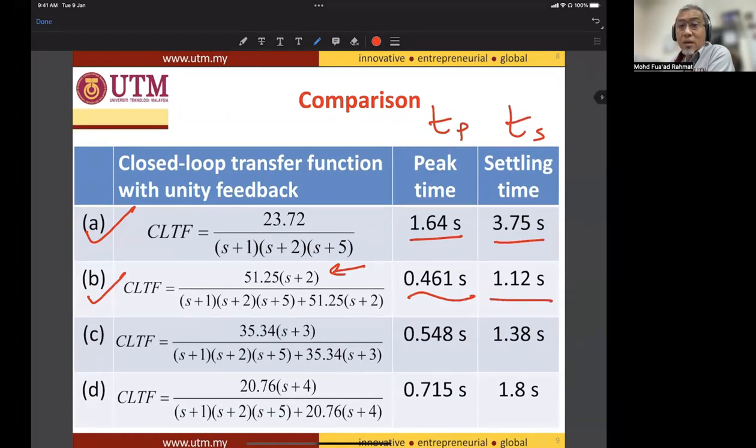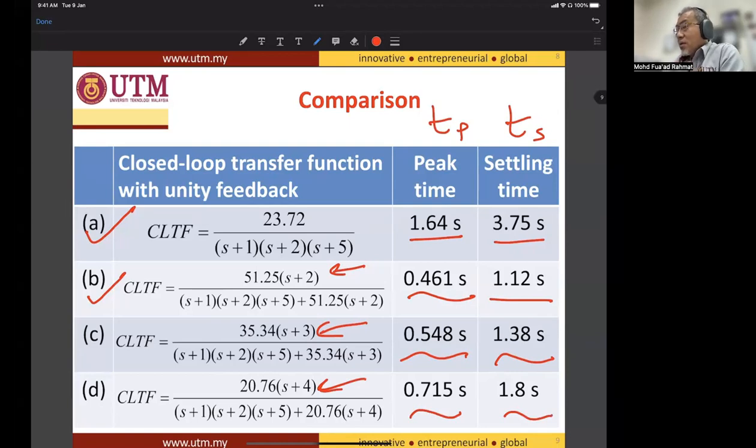The final value settles faster at 1.12 seconds. And at the zero at -3, a little bit of increase, but still better than the uncompensated. And at S+4 it is 0.715 and 1.8 settling time, still better than the uncompensated system.